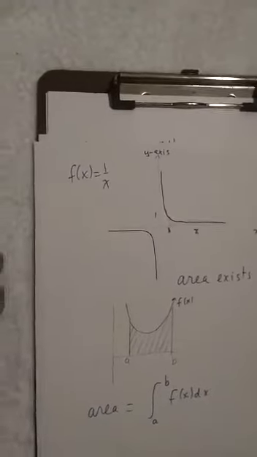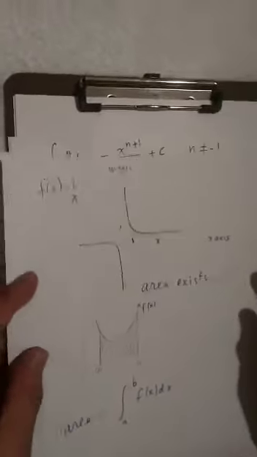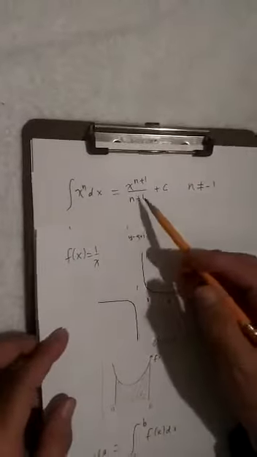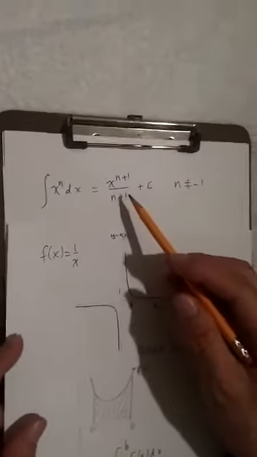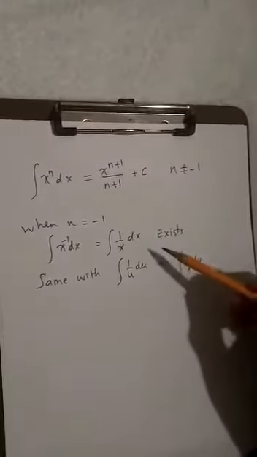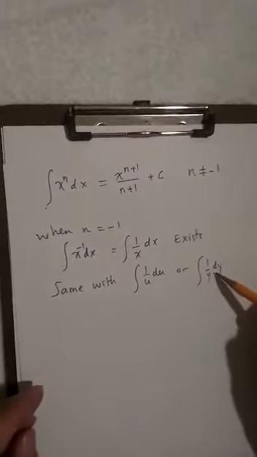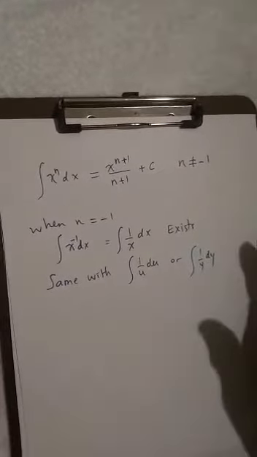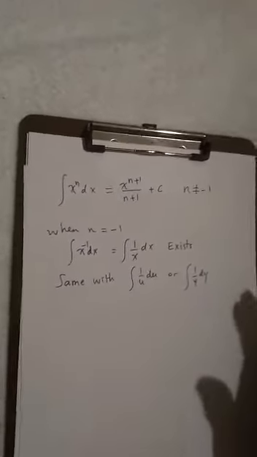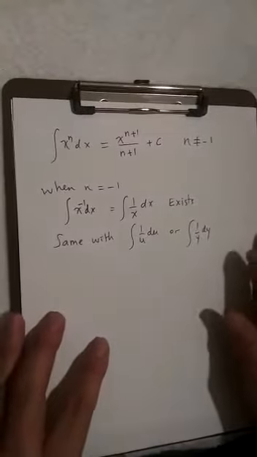The area exists, but you cannot determine it using this formula because n is equal to minus 1. Same thing with the integral of 1 over u du or 1 over y dy. So what do we do? The area exists, but we can't find it using this formula.